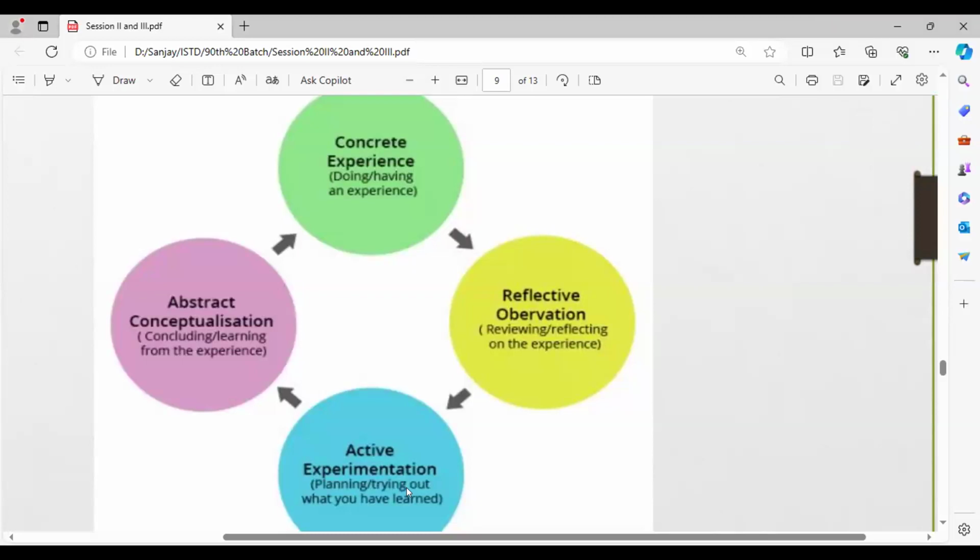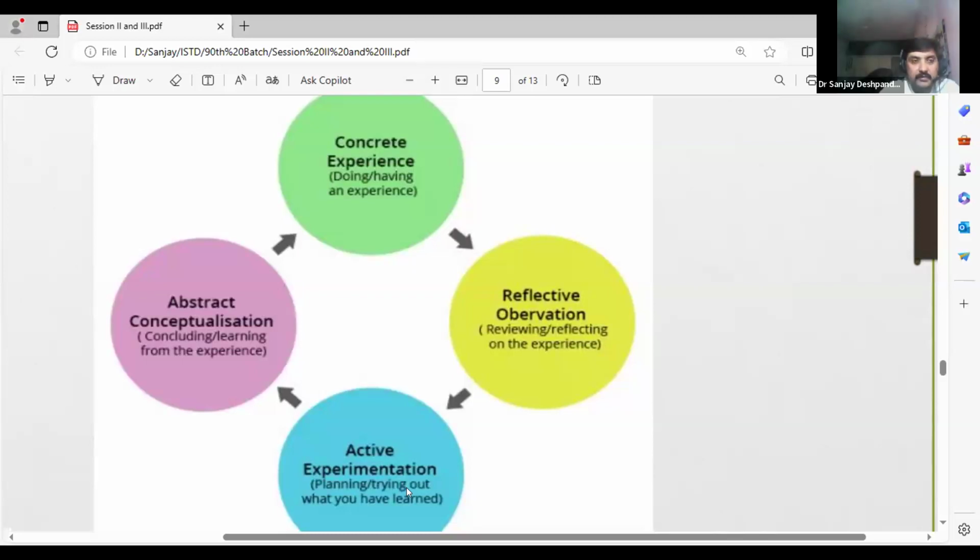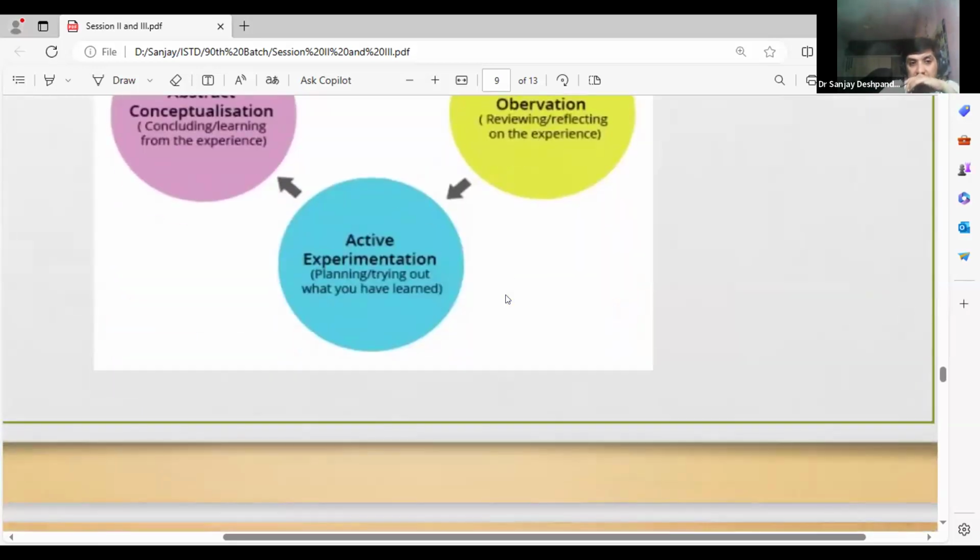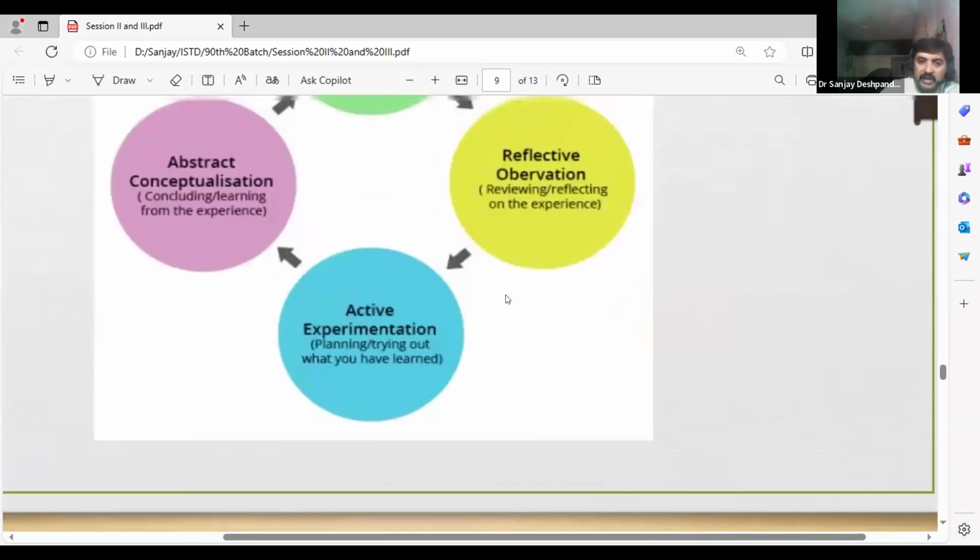What if this can be a solution? So you start generating new ideas, new thoughts, and that is the AC style of learning. That is the style of learning for the people who have got the highest score for AC.